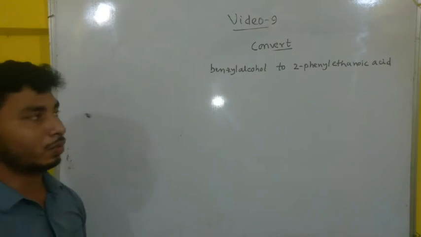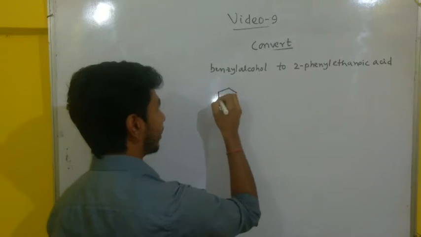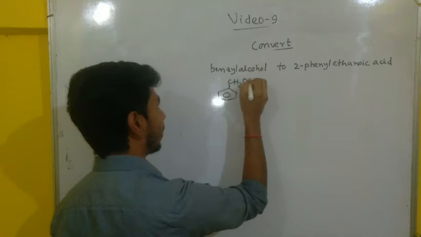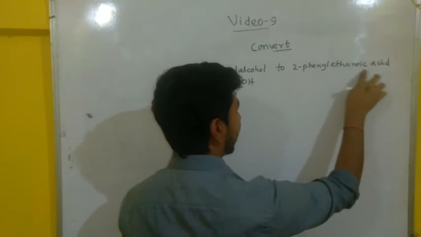Benzyl alcohol to 2-phenyl ethanoic acid. So benzyl alcohol, the structure is benzene CH2OH, and we need 2-phenyl ethanoic acid.